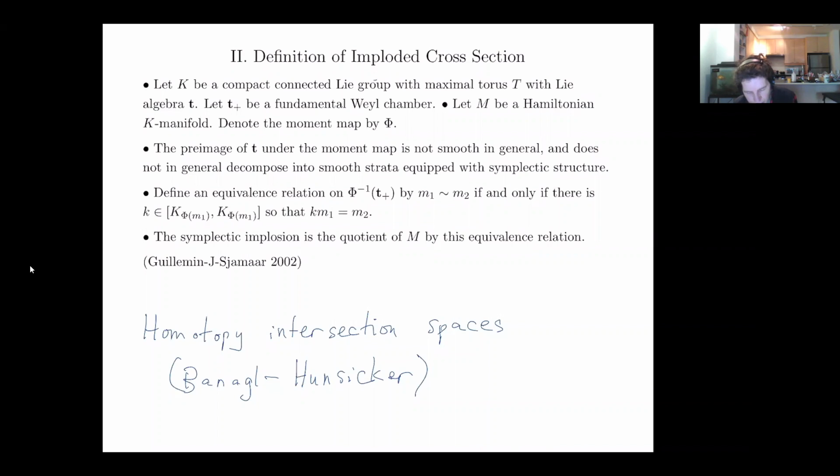We define the imploded cross-section by taking the preimage of the fundamental Weyl chamber under the moment map and defining an equivalence relation so that two points are equivalent if by acting by the commutator subgroup of the image of M1 under the moment map, you get from one point to the other. So the imploded cross-section, or the symplectic implosion, is the quotient of your manifold by this equivalence relation.